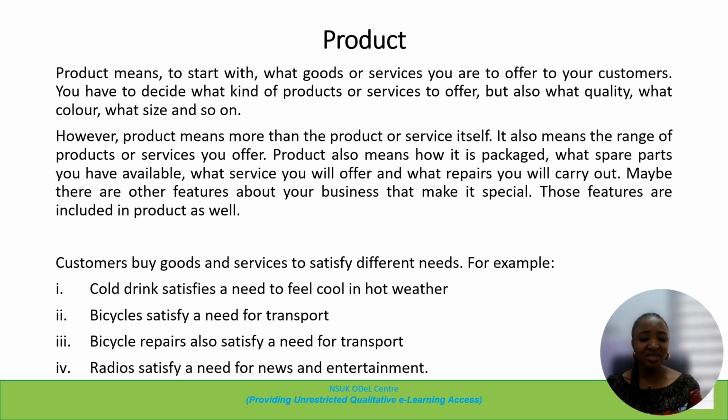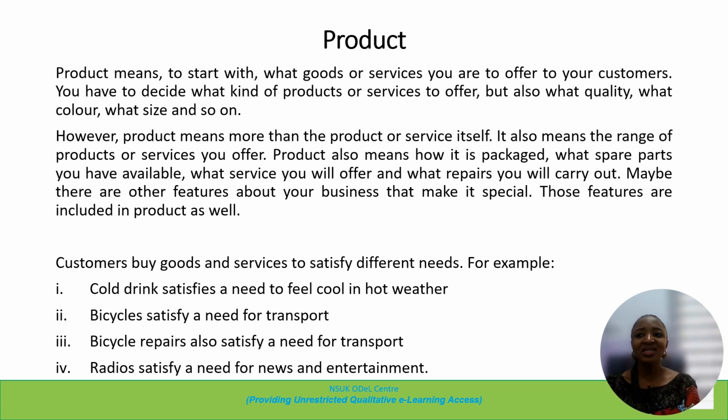So in the marketing mix, the first item in the 4 P's of marketing is product. And product has been defined severally by several authors, which is correct. So whichever way you want to work with is still beautiful.